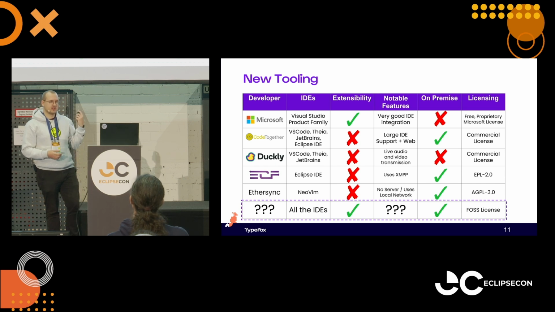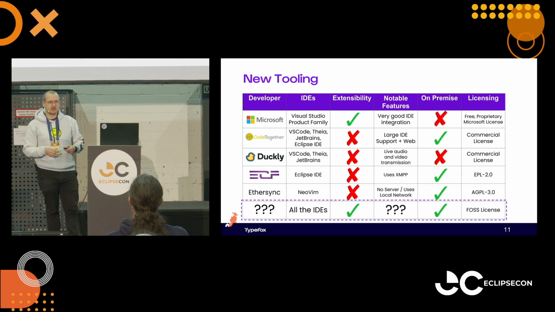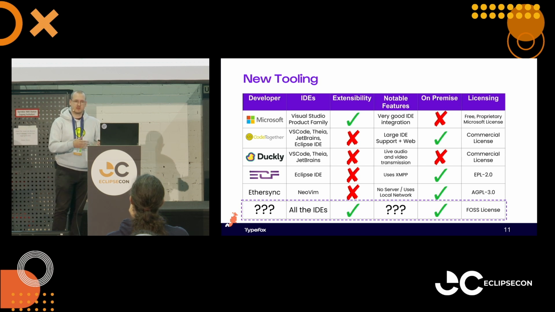For example, Ethersync is AGPL. That's a very copyleft license, so it's really difficult to use in a corporate environment, especially if you want to adjust it or make modifications to it, because you need to open source them all, which might not be a problem for everyone, but for some.